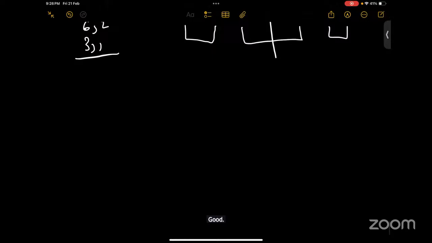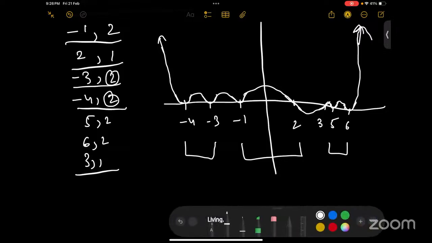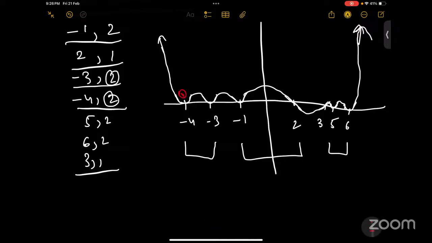So how many turning points are there in this equation? Turning point means at that point the graph will turn back. 11. Okay, so let us count it. This is first, this is second, this is third, this is fourth, this is fifth, sixth, 7, 8, 9, 10, 11, right?